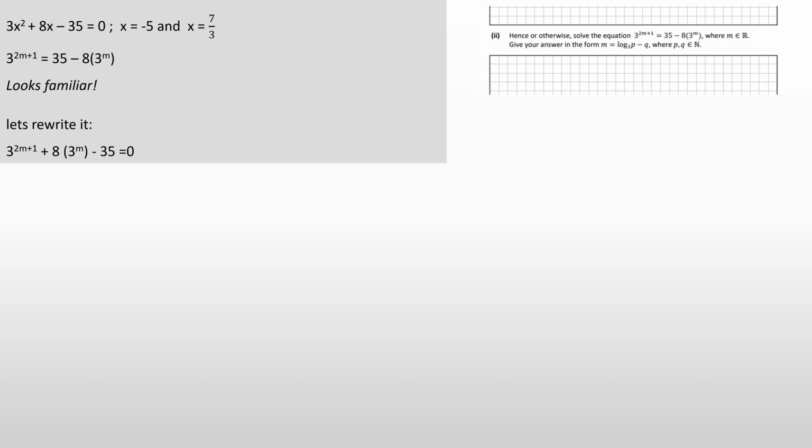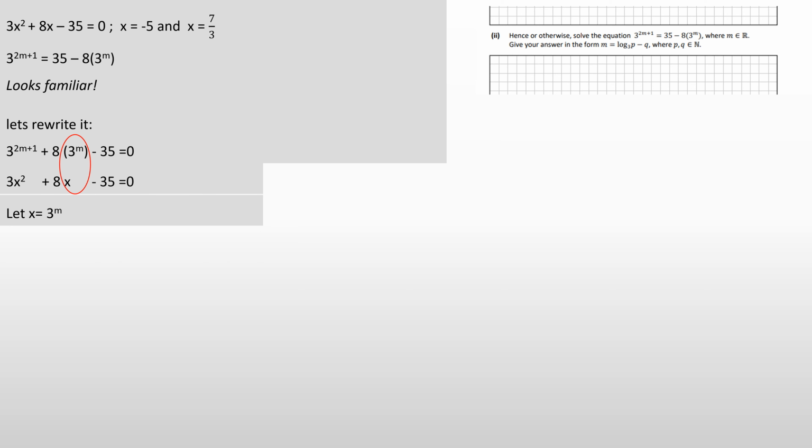So now it looks more similar to the function that we're given, the 3x squared plus 8x minus 35 equals 0. So now we can write that on the bottom, and then we can try to match things up. If you look closely, if you hunt down the x bit, you can see that the x and the 3 to the power of m are corresponding. So let's use that. Let x be equal to 3 to the power of m.